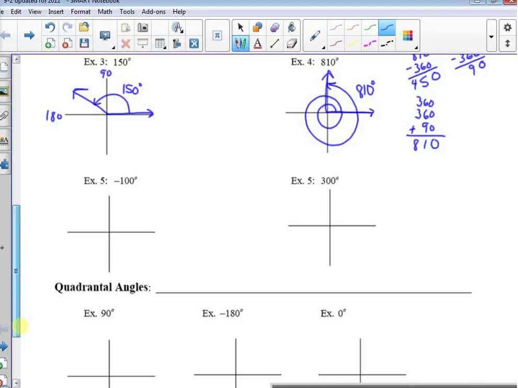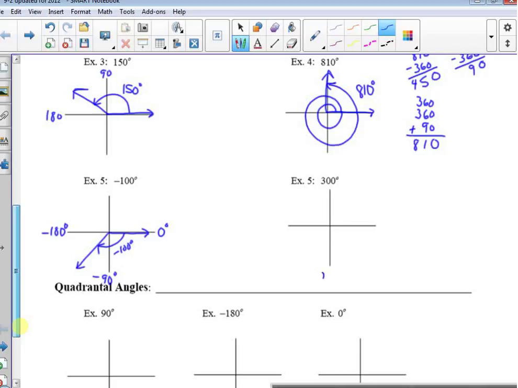Okay, for number 5, negative 100. Again, this is 0. Now we're at negative 90, negative 180. So negative 100 should be over here. Initial side there, directional arrow like that. One time they asked a question about this on the Regents exam, and that's what you had to do.